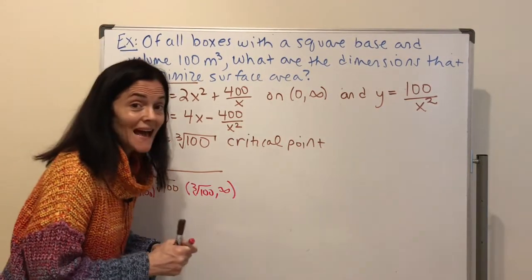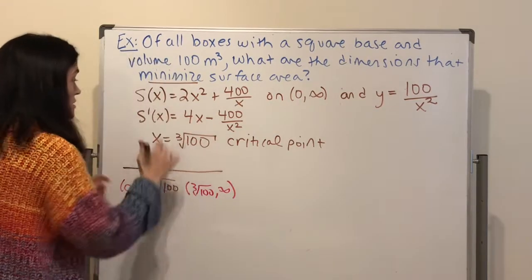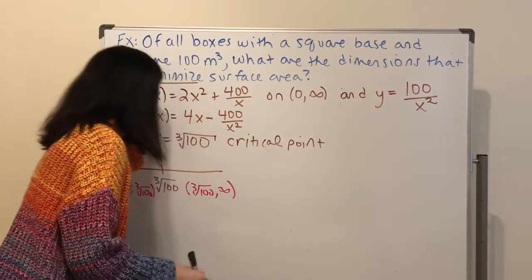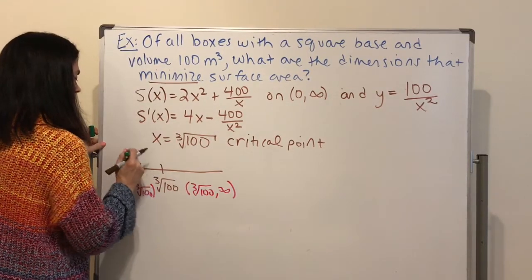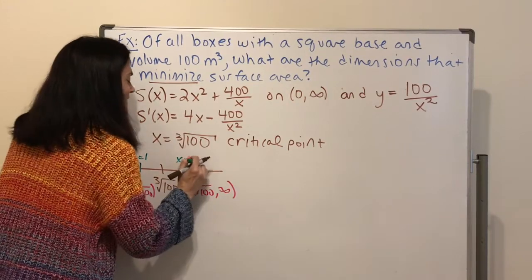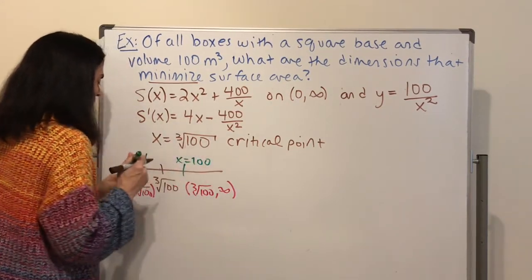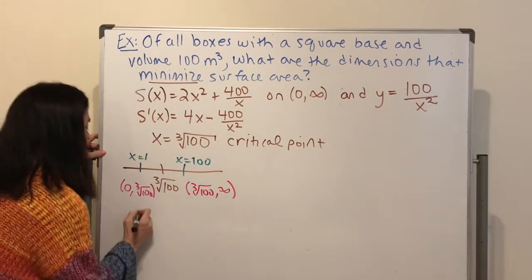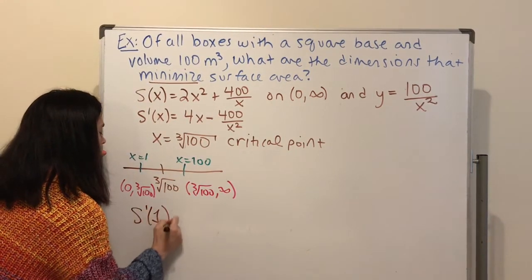And then we want to test the first derivative, which is still on the board. So let's pick a point. Maybe here we can pick 1. And here, 100. Okay, that's definitely bigger than the cube root of 100. And we will test the derivative at those places. Here's the derivative. At 1, what do we get?